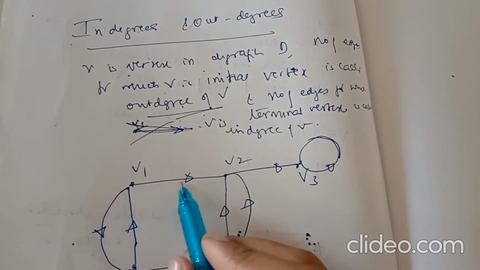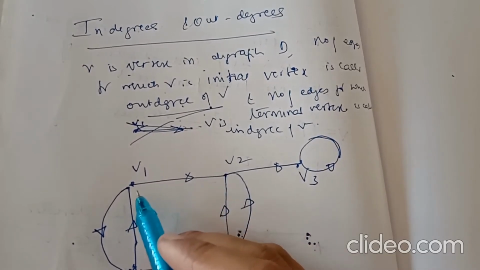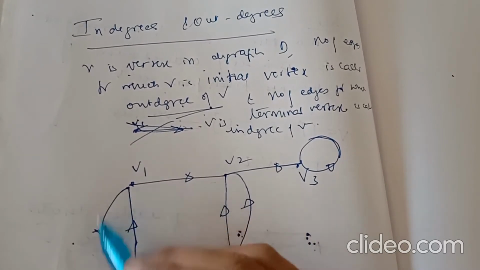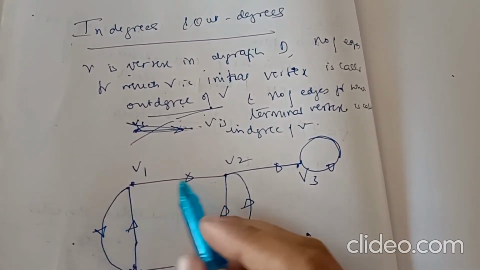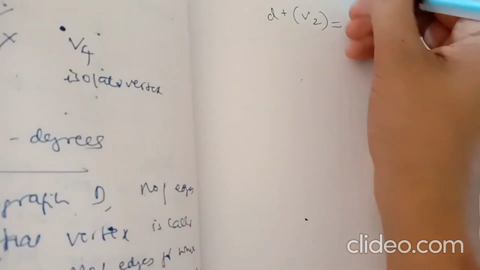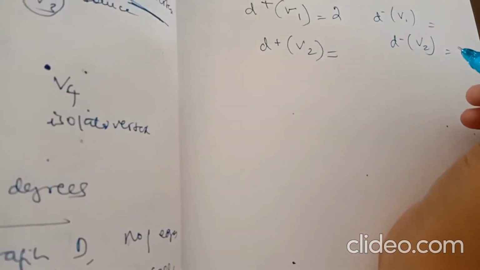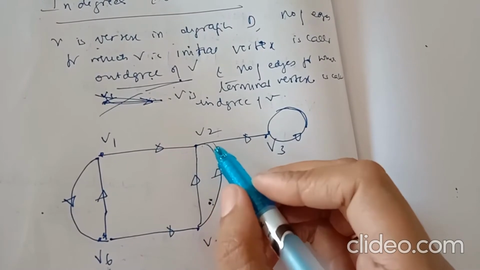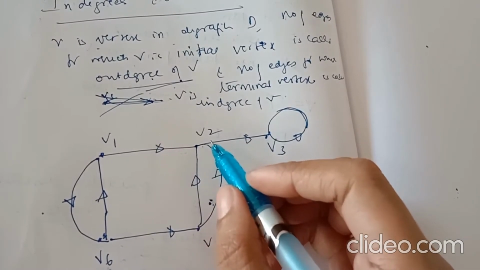So this is the out degree. How many edges are leaving that vertex? There are 2 edges. So the out degree of v1 is 2. Next, let's find out the out degree of v2.